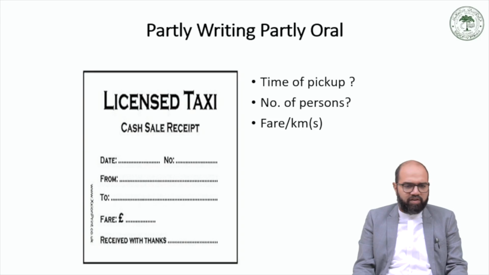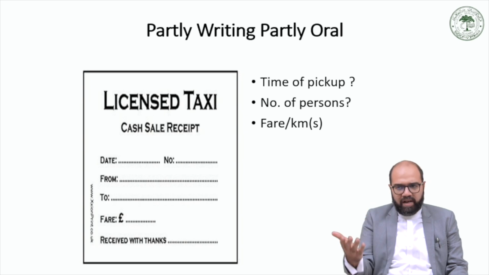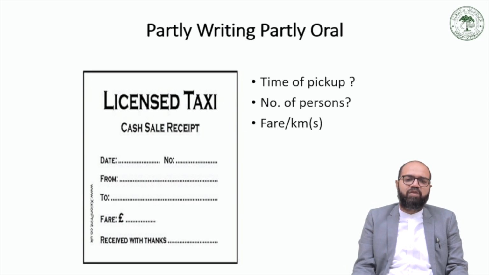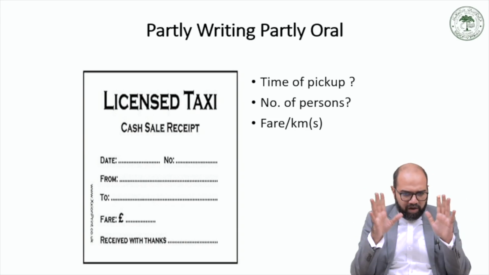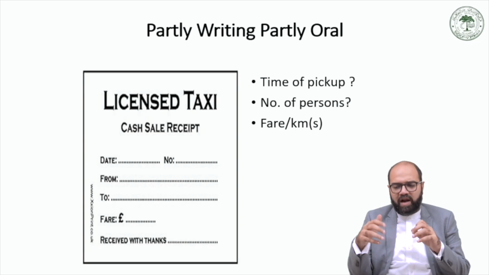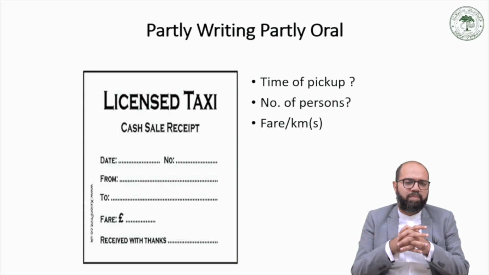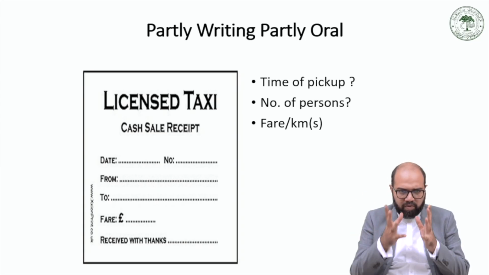Although the total fare is provided in the receipt, it does not provide the unit price. So here, if you orally tell the taxi vendor the time of your pickup, how many persons are there, and the unit price of fare per kilometer, then there are certain aspects that have been included in the contract and intimated to a party merely by words of mouth.